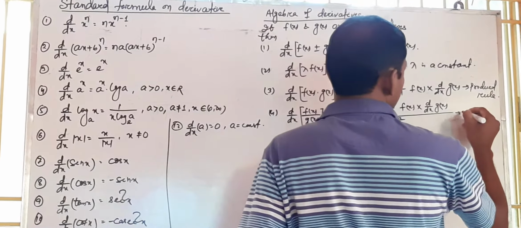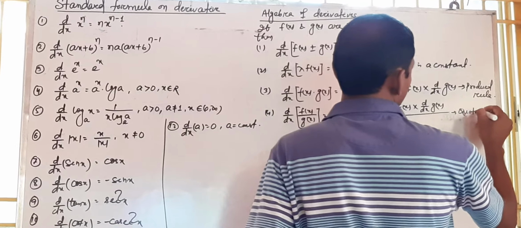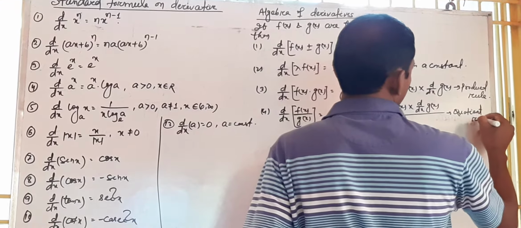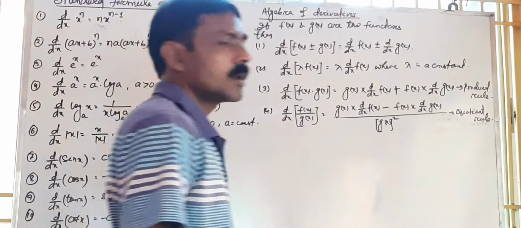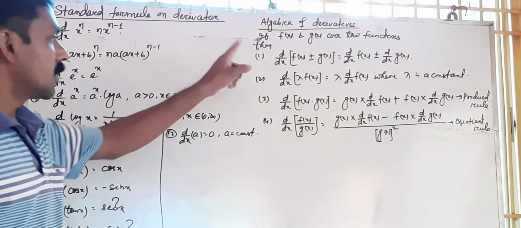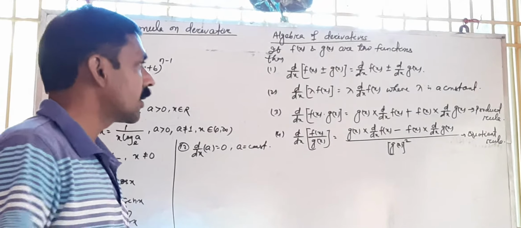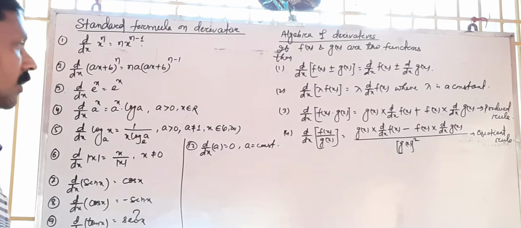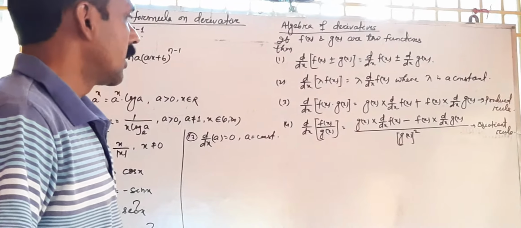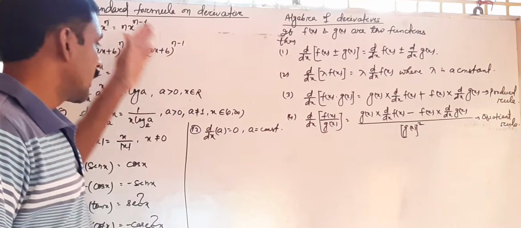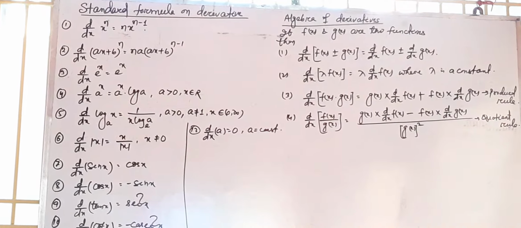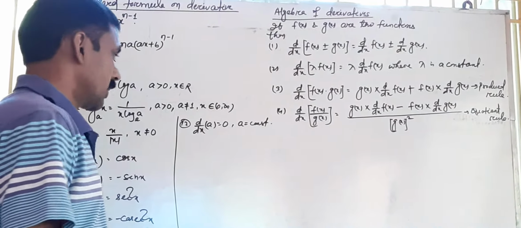This is called the quotient rule. So these four rules we have also learned. This is called the algebra of derivative. Now, based on these formulas, we will discuss derivative of composite function.